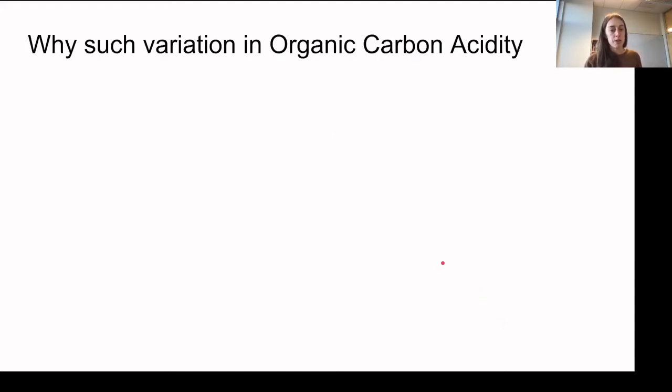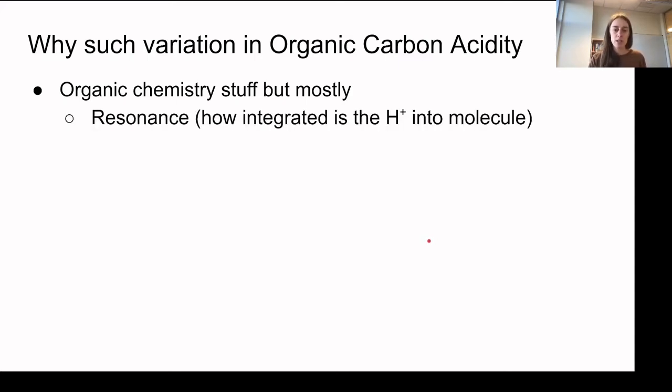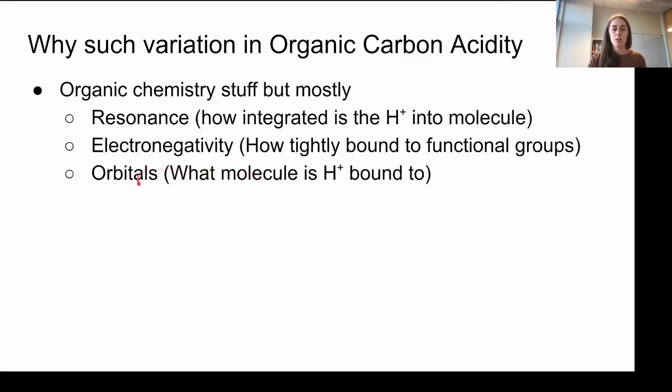So why is there such variation in organic carbon acidity? Well, it's mostly a bunch of organic chemistry stuff, and this is not an organic chemistry class, so we're not going to go into it. You're welcome. But what you basically need to know is some of it is the resonance, so how the proton or the hydrogen ion is integrated into the carbon molecule, the electronegativity, so how tightly bound the proton is to functional groups, and orbitals, so what molecule this hydrogen ion is bound to.